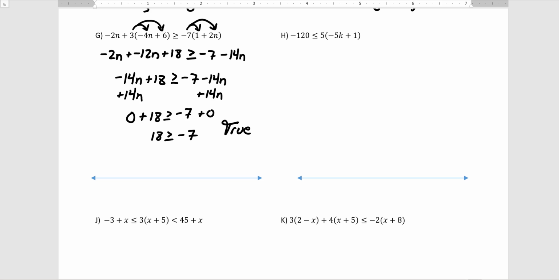Well, if n can be any value, that means on a number line, it can be anything from -infinity to +infinity. And that tells us our interval notation also. It can be anything from -infinity to +infinity. So that would be our solution for G. All real numbers from -infinity to +infinity. And that's G. Let's talk about letter H now.